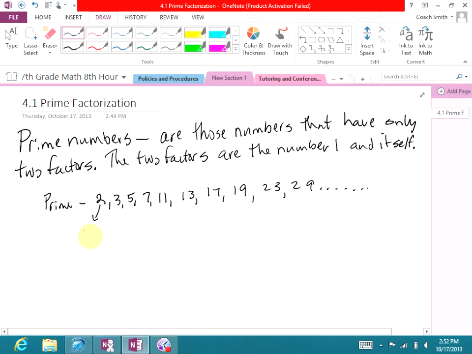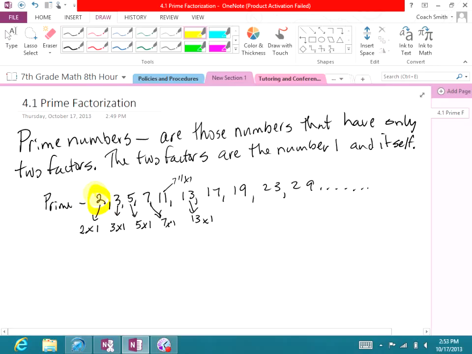That means 2 has two factors, 2 times 1. 3 has two factors, 3 times 1. 5 has two factors, 5 times 1. 7, 7 times 1. 11, 11 times 1. 13, 13 times 1, so on and so forth. That's why they're prime.